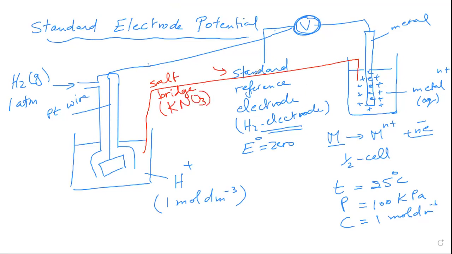In that way, the ions will move in the solutions through the salt bridge, and the cell is connected from outside by wires and this voltmeter. And the reading that we get here is the voltage, or the standard electrode potential, of this electrode.